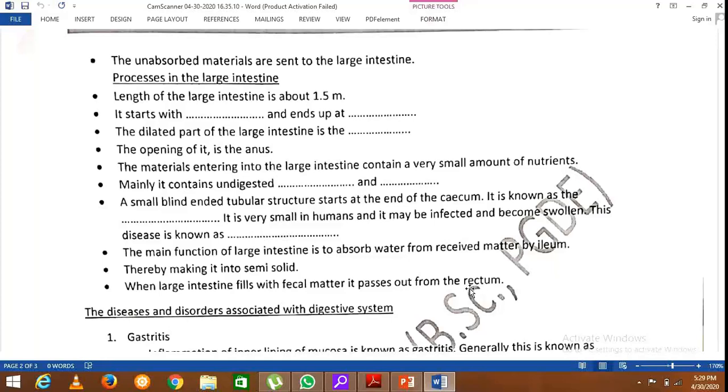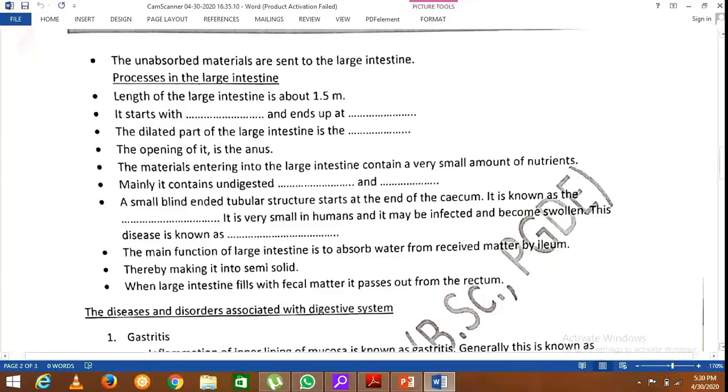Starting from the buccal cavity, we discussed the pharynx, the esophagus, the stomach, and then the small intestine, the digestion taking place inside the buccal cavity, inside the stomach, and finally inside the small intestine, and then the absorption of water took place inside the large intestine, and the undigested material as fecal matter is removed through the anus.